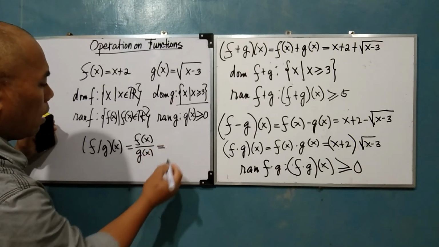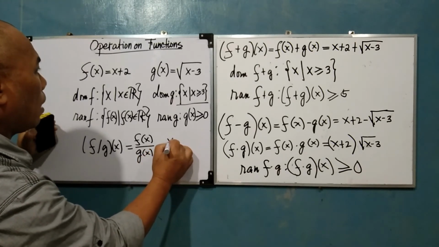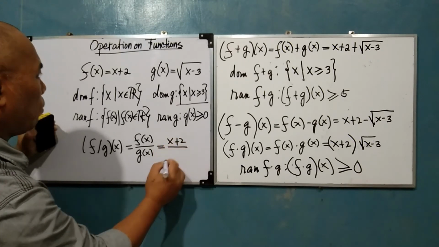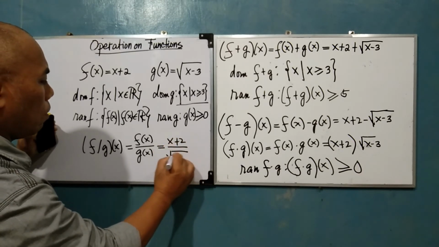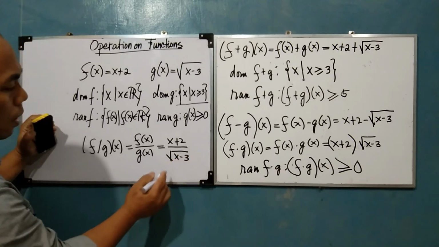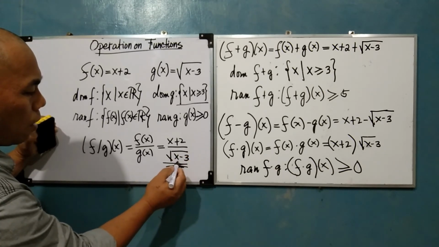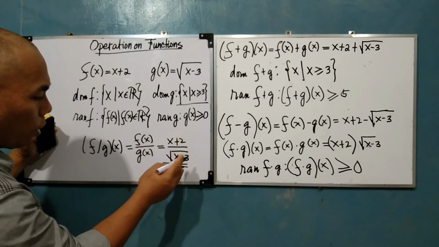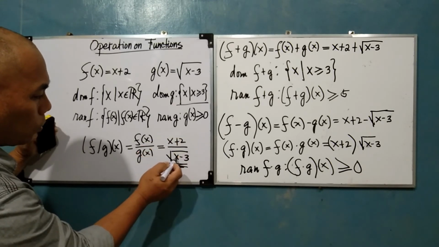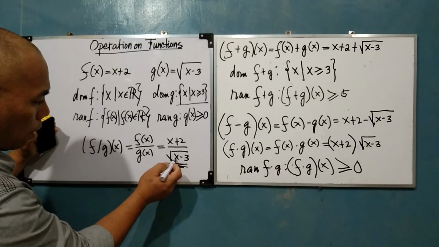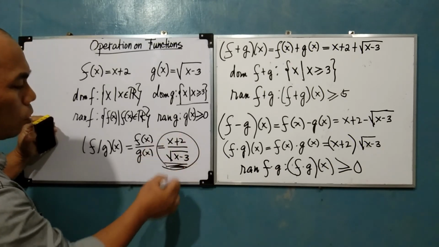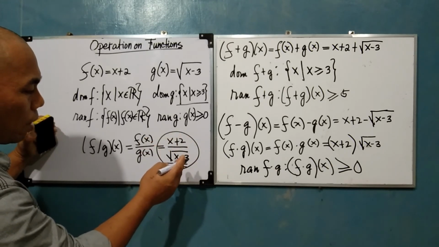So you will have x plus 2 over the square root of x minus 3. Now, this denominator becomes 0 when x equals 3. Therefore, x cannot be equal to 3 for this to be defined in the set of real numbers.